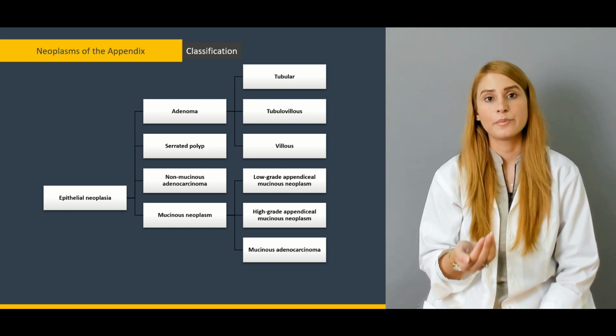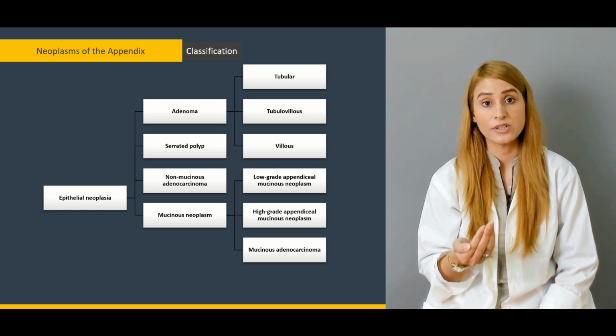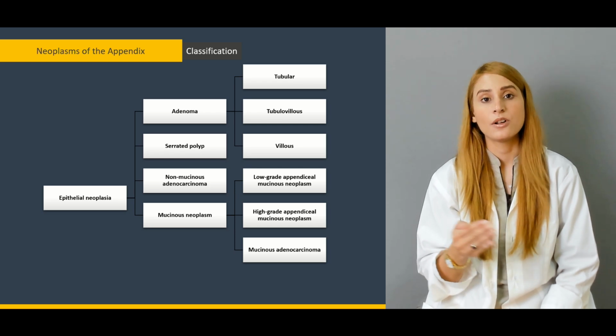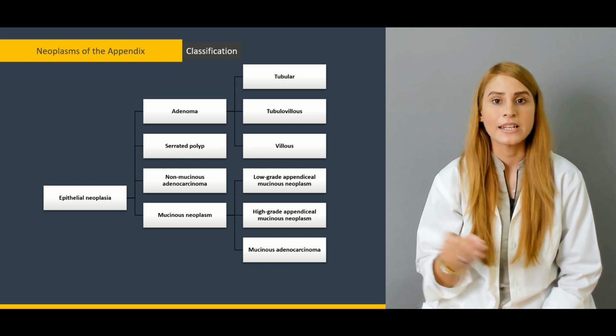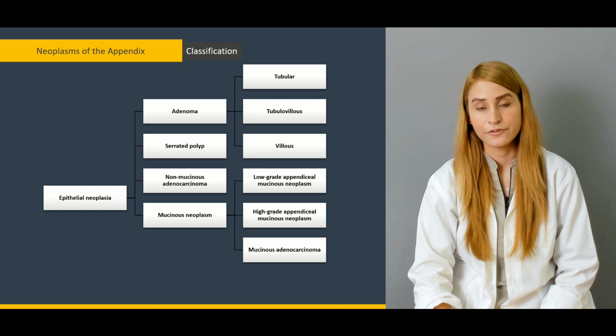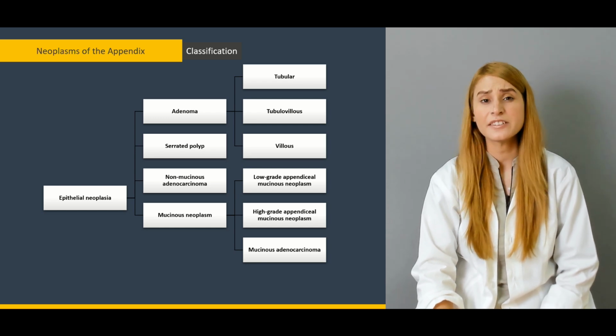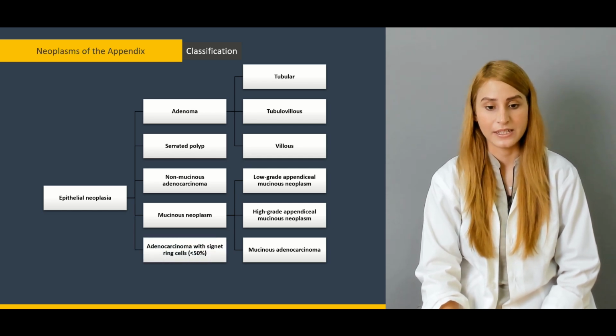In pseudomyxoma peritonei, you have to go for cytoreductive therapy, which involves resection of the appendix, cecum, colon and intestine as well. So this is kind of important. And there's another therapy, which is heated intraperitoneal chemotherapy, that we can also give.